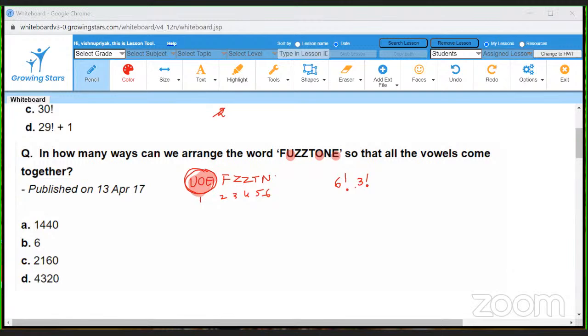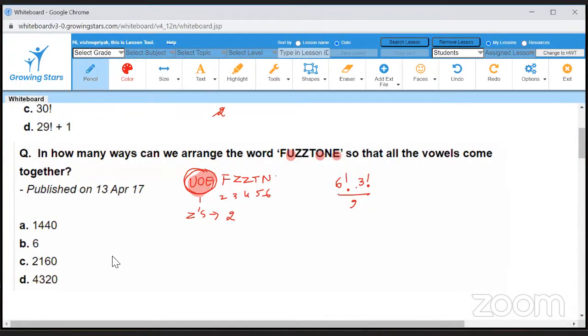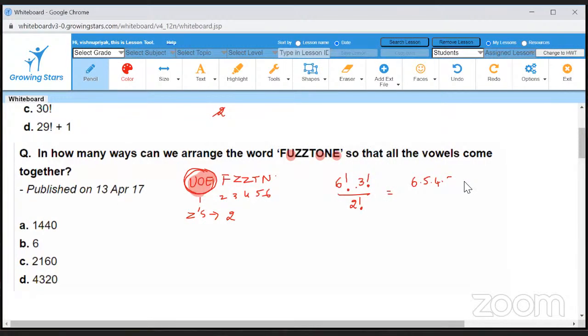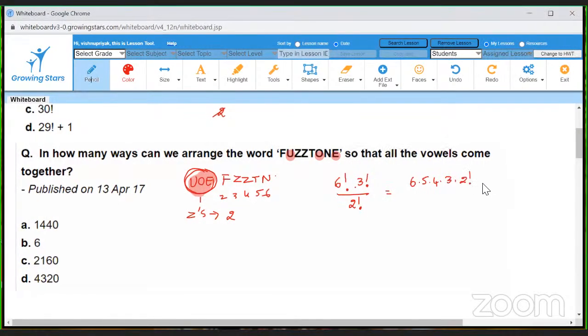But then we have to see that there are 2 Zs. Zs are repeating, so we have to divide by 2 factorial. So this is the total number of arrangements, but it is not there in the options. So simplify it. Start with 6, 5, 4, 3, 2. Stop here, 2 factorial. And 3 factorial is 3 into 2 into 1.